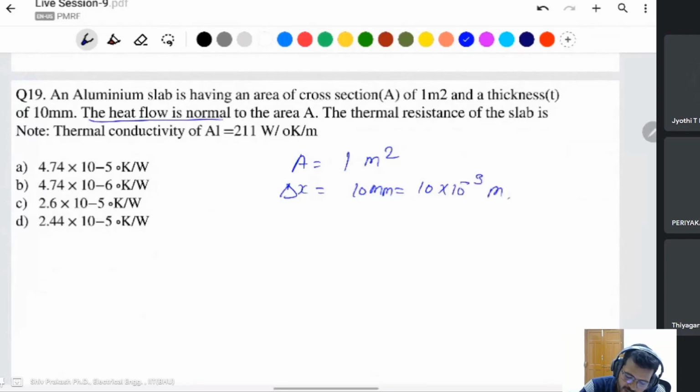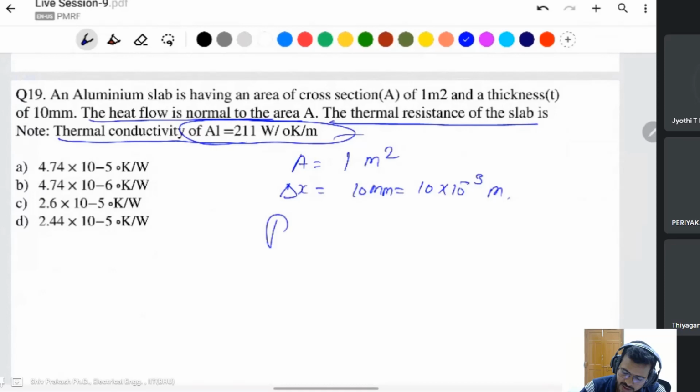The heat flow is normal to the surface area, which means the heat flows from the top. We need the thermal resistance of the slab. Thermal conductivity of aluminum is given. Thermal resistance R theta is delta x divided by k into A, thermal conductivity into area.